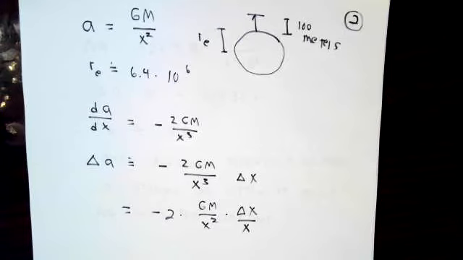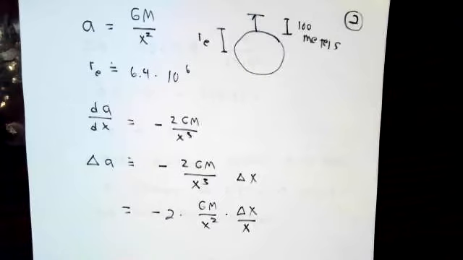It's easy to figure out that the derivative of a with respect to x is negative 2 GM over x cubed, which means the change in acceleration is approximately negative 2 GM over x cubed times how much you change the x.